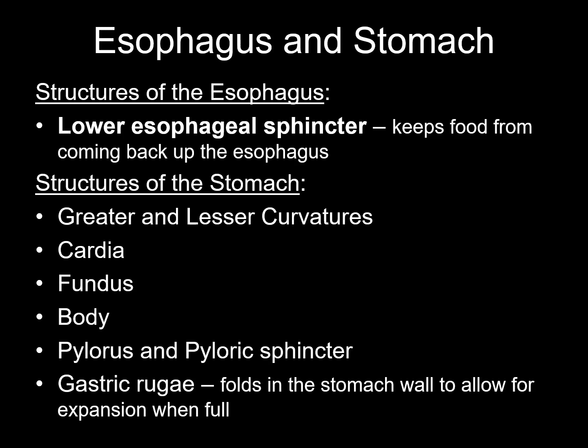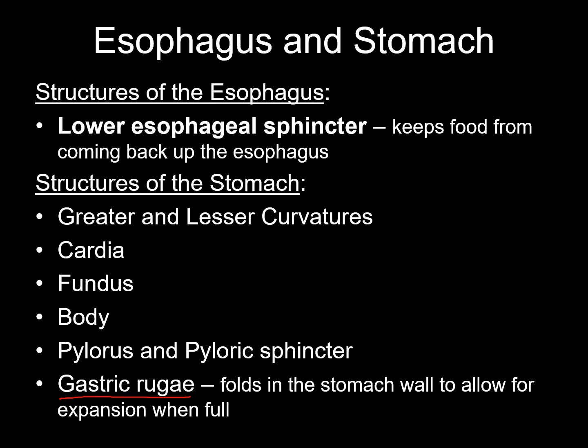So once you get into the stomach, we do have some different regions of the stomach. We'll talk about those. They'll make more sense when we actually look at the stomach itself. But essentially one big feature of the stomach is the gastric rugae, or folds. These allow the stomach to expand.